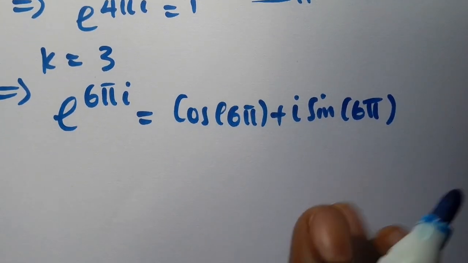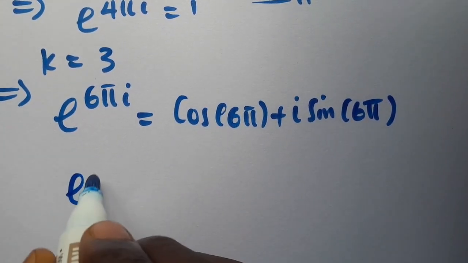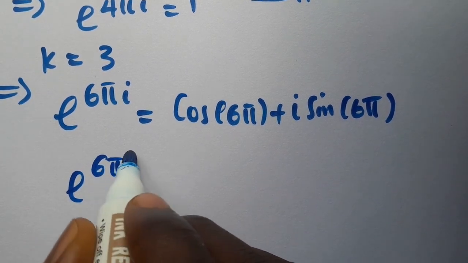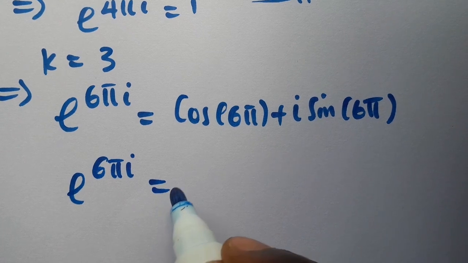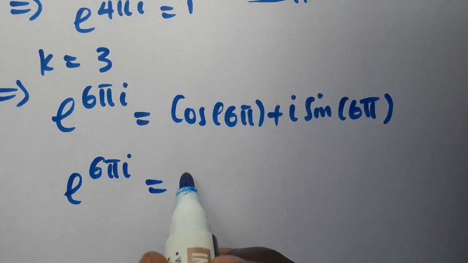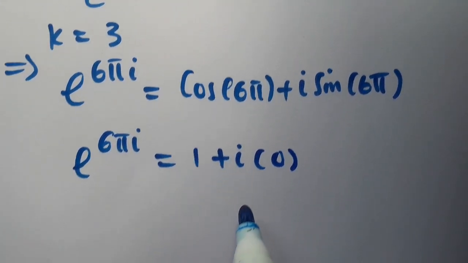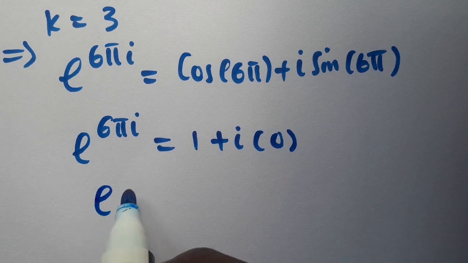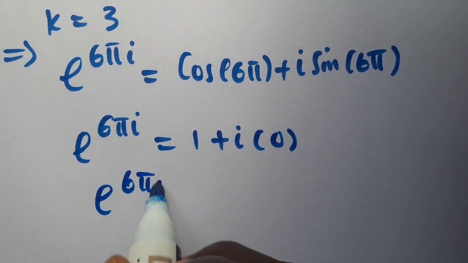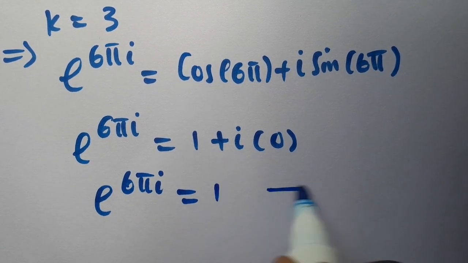So therefore guys, we have e to the power of 6 pi i equals cos of 6 pi, which is 1, plus i sine of 6 pi, which is 0. So we also have e to the power of 6 pi i equals 1. We have this to be equation 3.